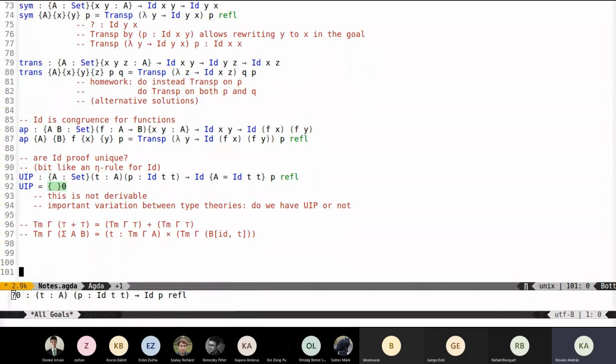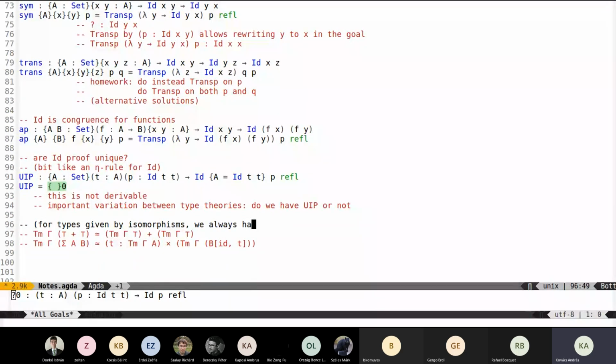Okay, but this is actually a very good point for continuation. So let's just write a note. For types given by isomorphisms, we always have eta. So the question is then, can we specify ID as an isomorphism?